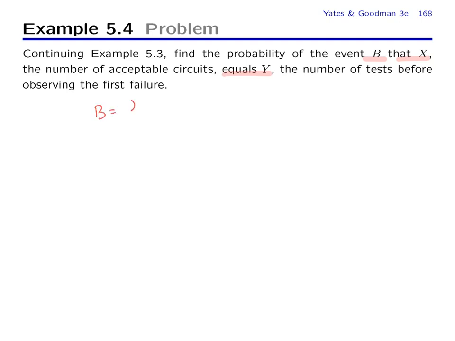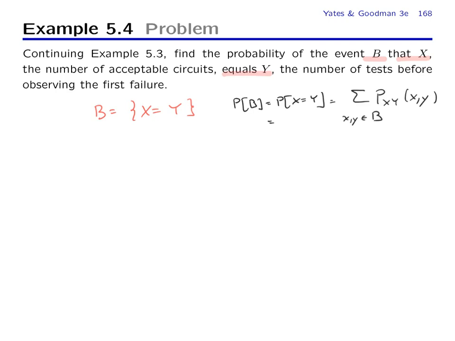So B is the event x equals y, and we want to find the probability of B, which is the probability that x equals y, and that's equal to, by our theorem, the sum over all x and y belonging to the set B of the PMF of x and y.